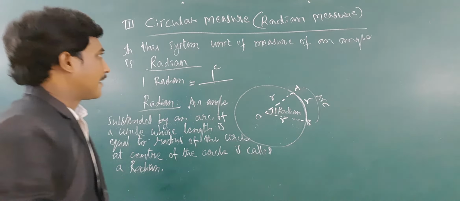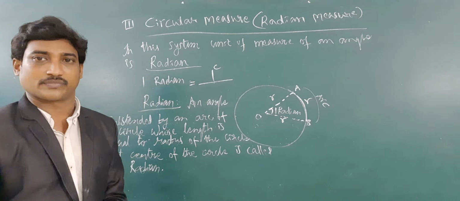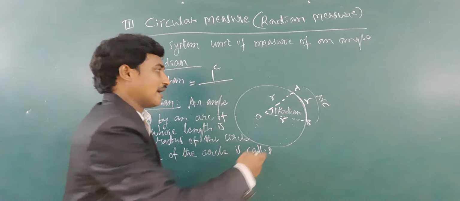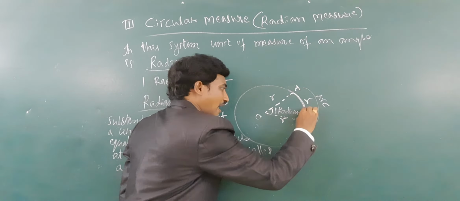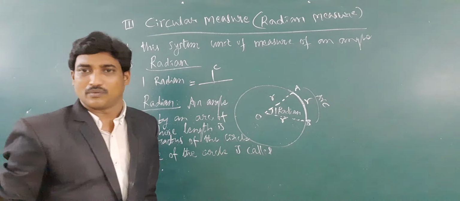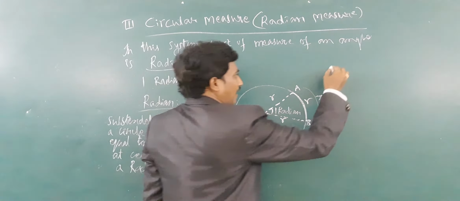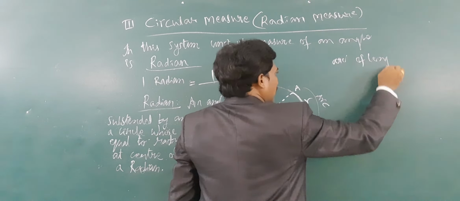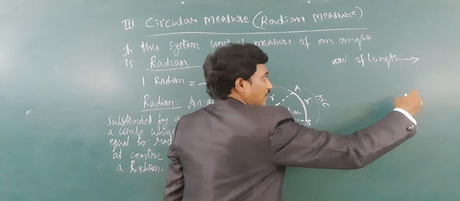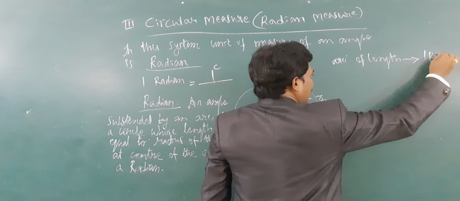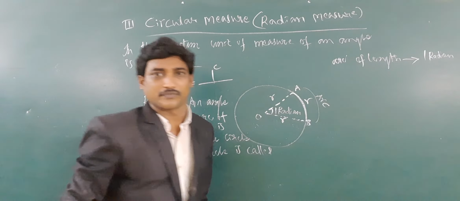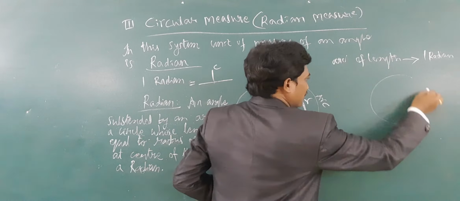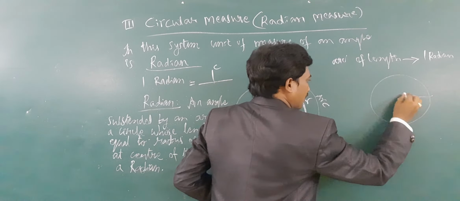In circular measure, an arc of length R makes an angle of 1 radian. What can you say about the total angle in the circle at the center of the circle? It is a complete angle.